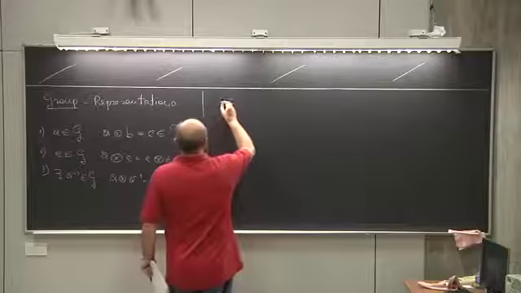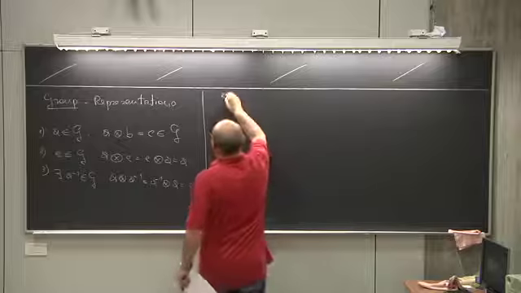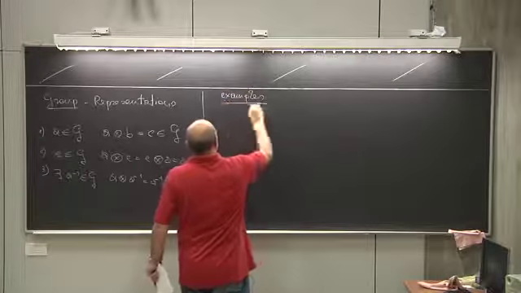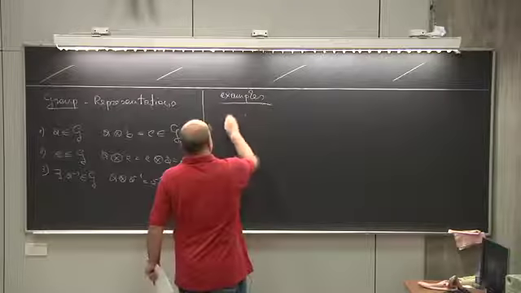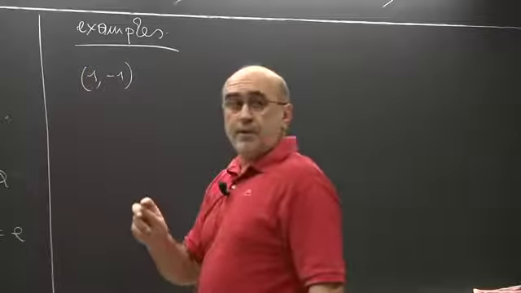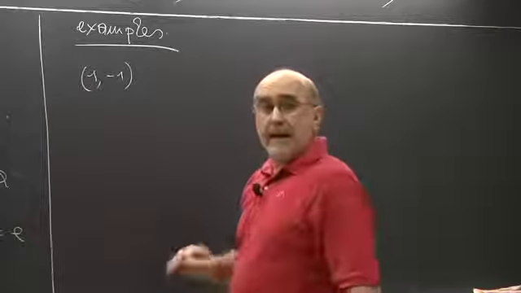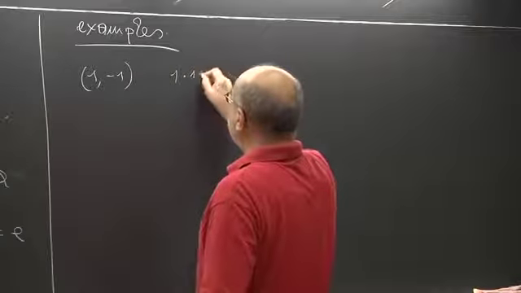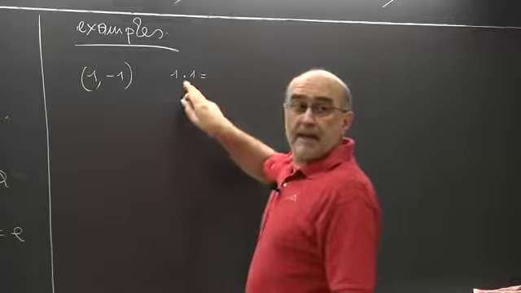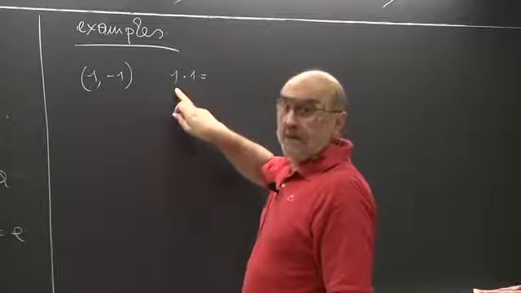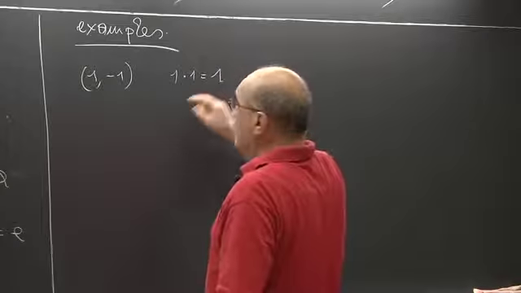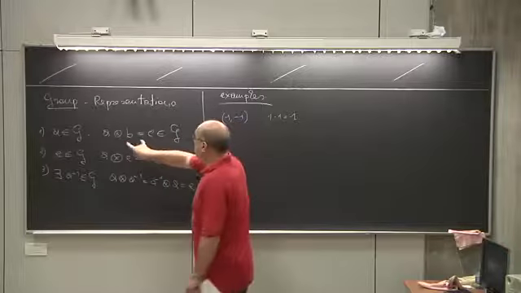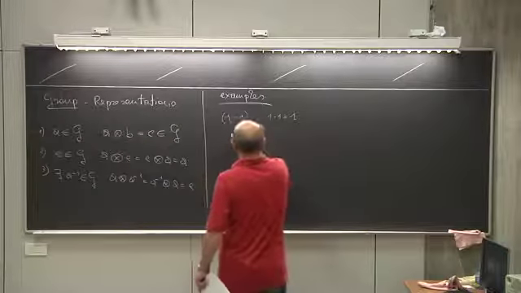For example, let's take examples. Let's take this set. This is a set with two numbers. Let's see if we can give a group structure to it. Let's say that the multiplication is the usual multiplication among numbers, so 1 times 1 is 1, so it seems at least to respect the property that the product of two elements belongs to the same set.